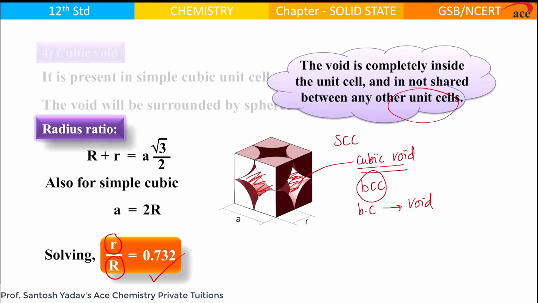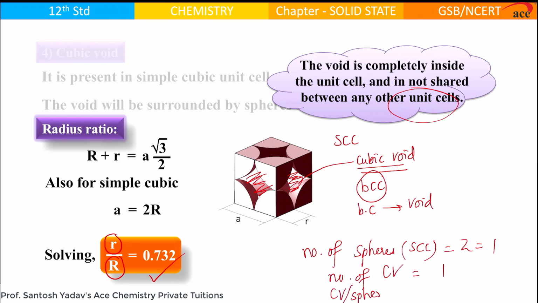The void is completely inside the unit cell and is not shared by any other unit cells. So the number of spheres making SCC, that is the rank, is 1, and the number of cubic voids is also 1. So the number of cubic voids present per sphere is 1.